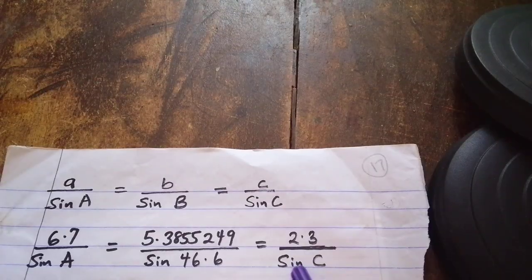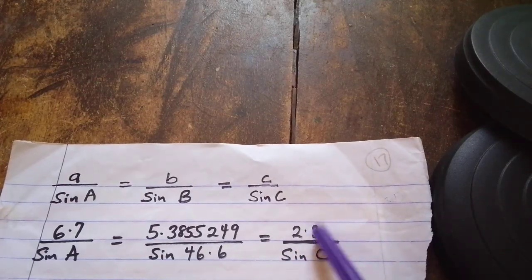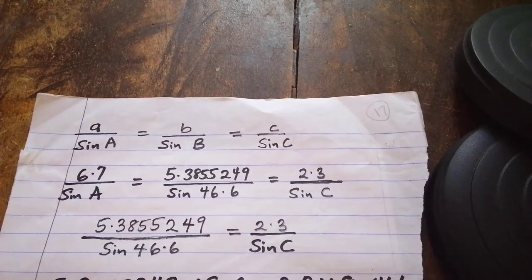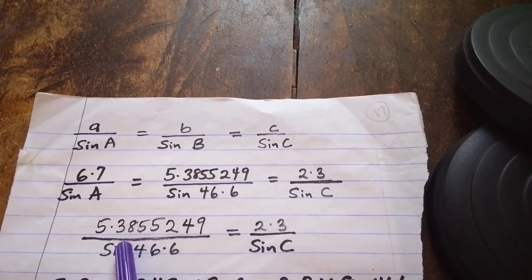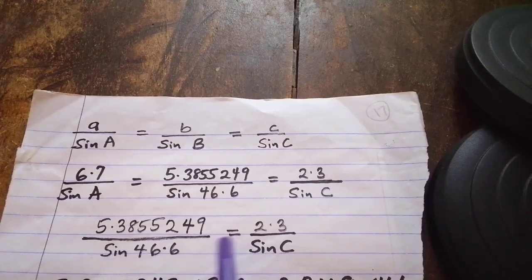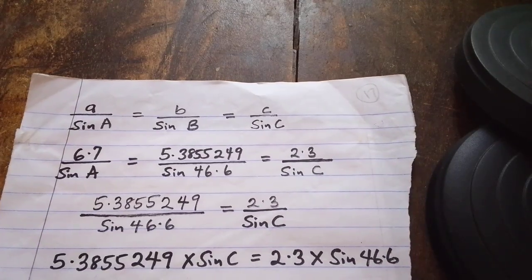Now I want to first of all get my angle C. So you look for the ratio that is complete and the one where I'm looking for C. C is here and this other one is complete. So you now bring it together. So that means 5.3855249 divided by sine 46.6 is equal to 2.3 over sine C. When you cross multiply, you are going to have this.